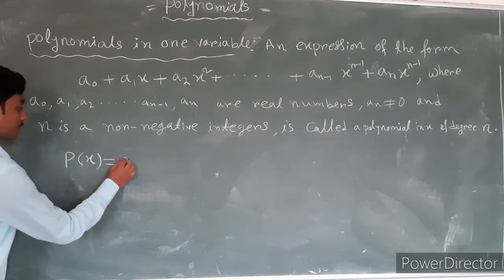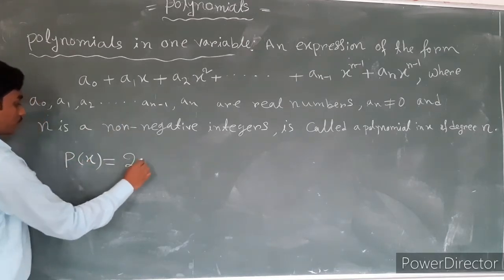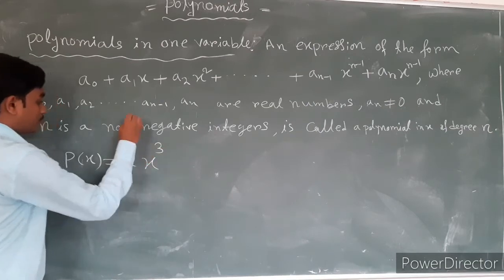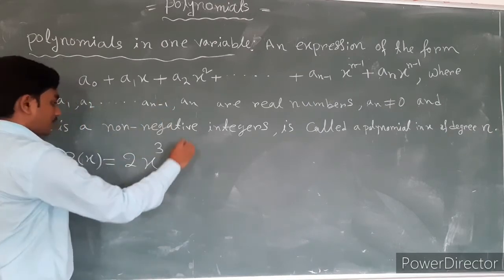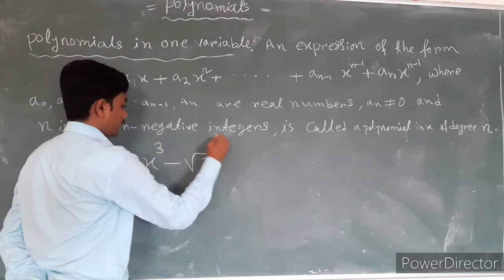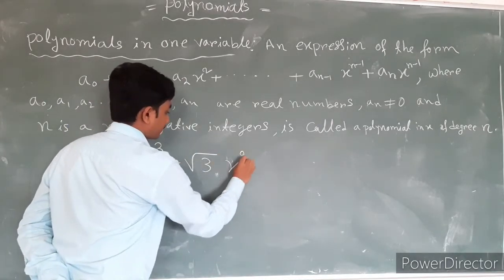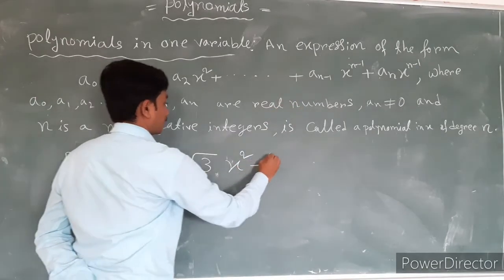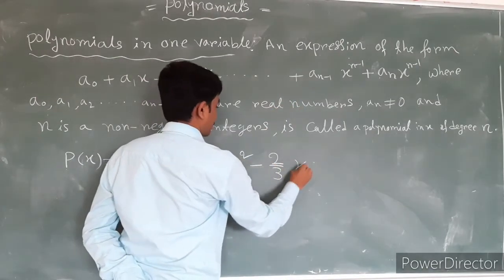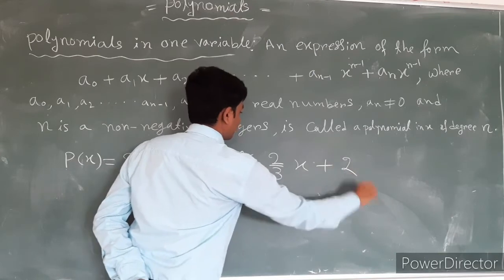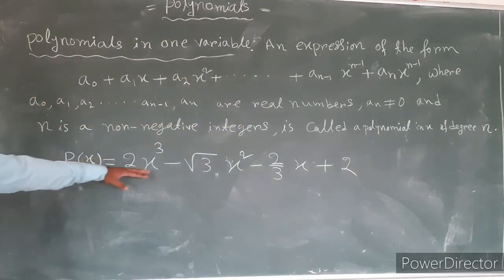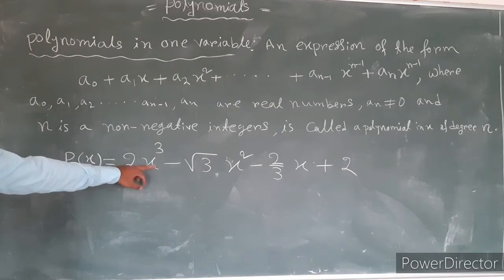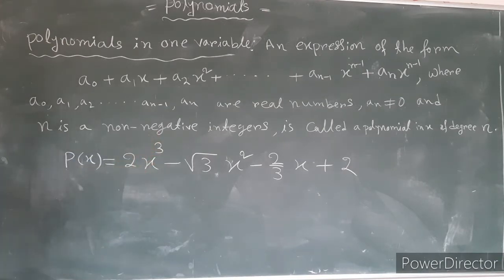So suppose 2x cube minus root 3 x square minus, so this is an example of a polynomial in x of degree 3.